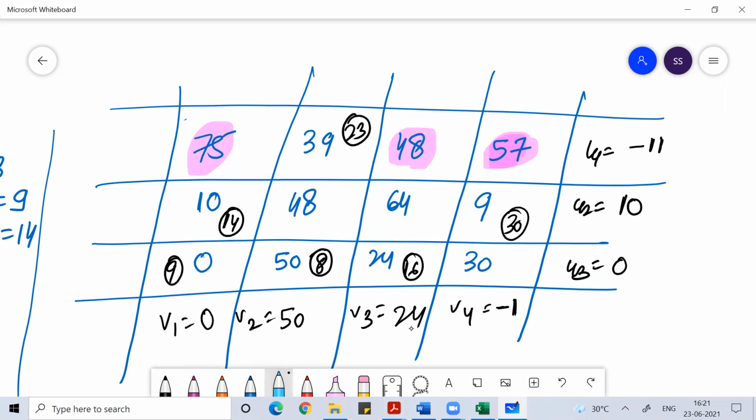This is the bigger value, so 60 minus 12 gives a negative value. Then 34 is positive, and this is a positive value, and this is also a positive value. Again, I need to make a loop, and I have to make the loop on occupied cells.